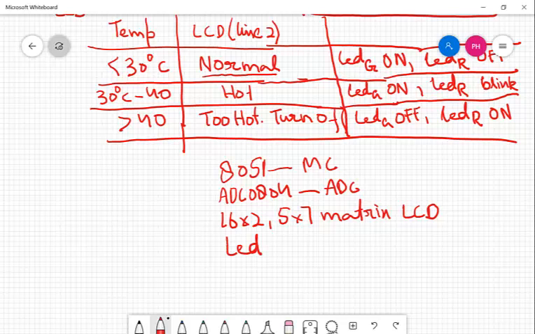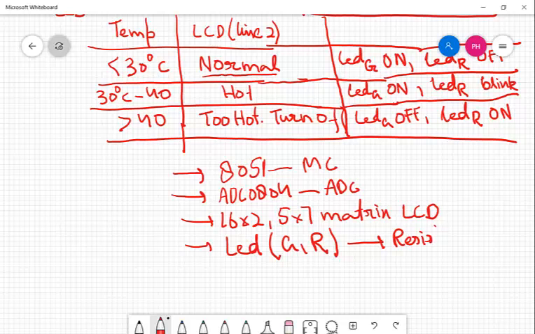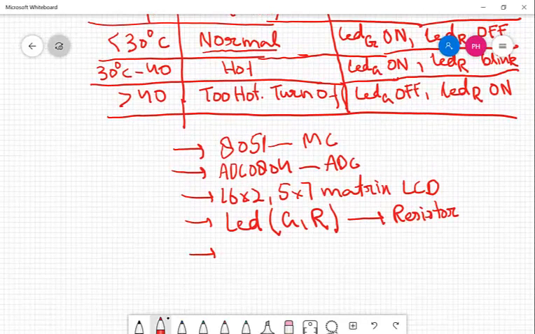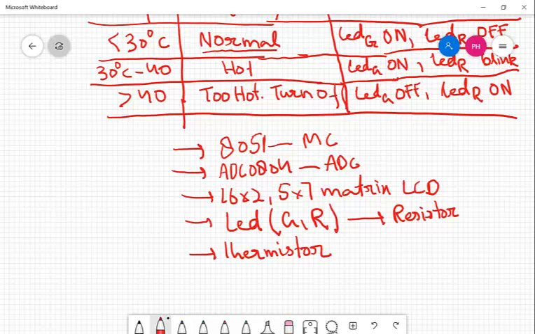We'll be using two LEDs, a green LED and a red LED. We might have to use some resistors also for the interface of these LEDs, and then we have to use a thermistor for measuring the temperature, for monitoring the temperature.